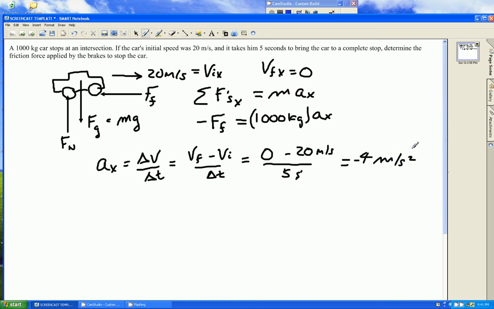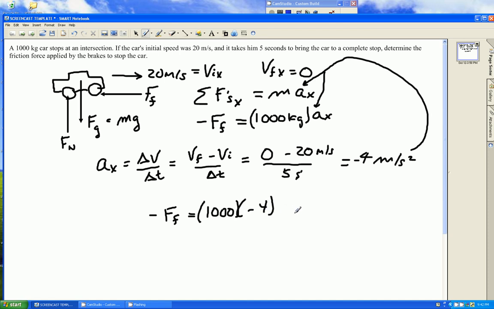We can then take that value and plug it in for the acceleration. So the negative friction force is equal to 1,000 kilograms times negative 4 meters per second squared.